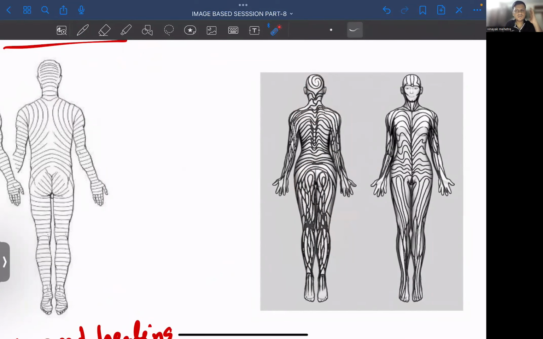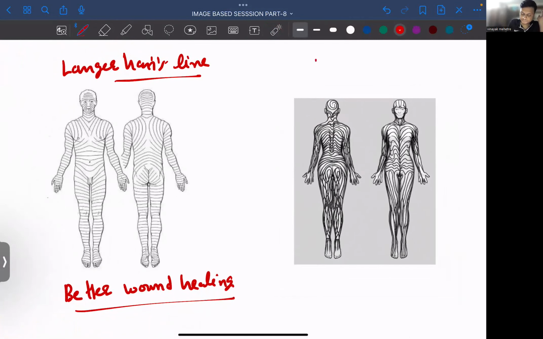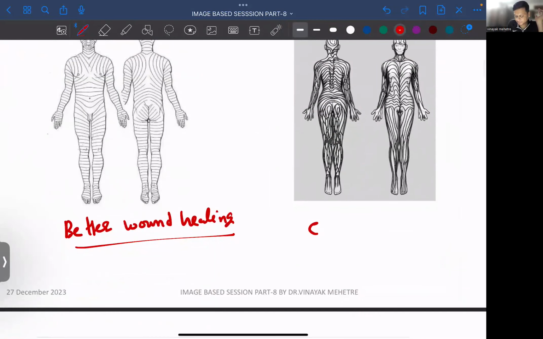Yes, it is called as Bolshevski's line. Why do we have Bolshevski's line? बताओ. It is for cell migration. Okay, cell migration होता है इससे, right?